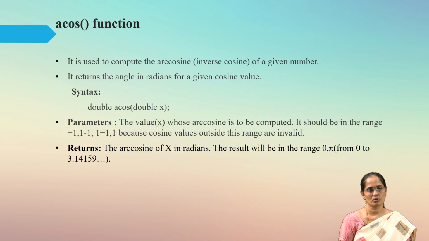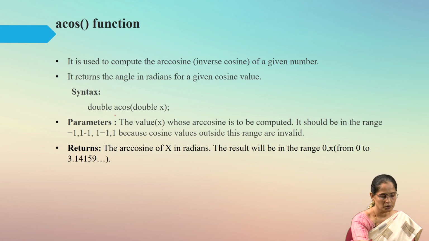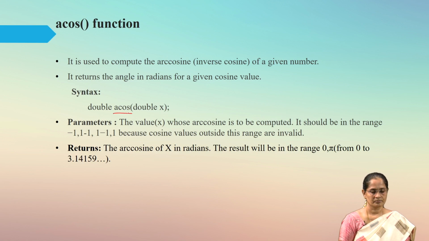The acos function is used to calculate the arc cosine, that is the inverse cosine, of a given number. The syntax of the function is the same as the sine function. The only difference is that the function name should be given as acos.